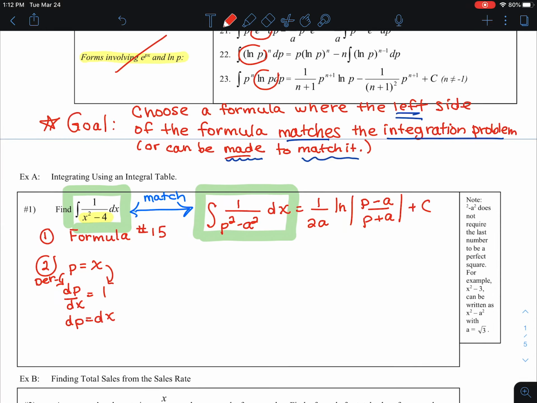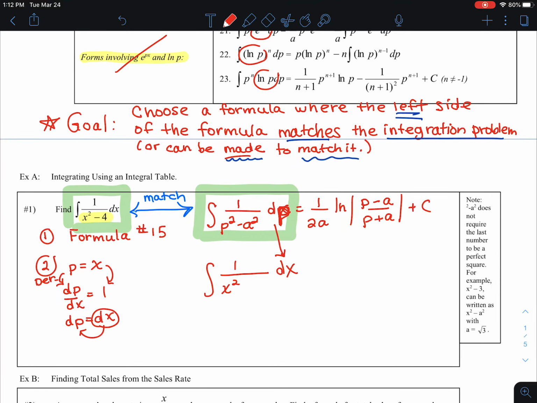So when I make this substitution, in place of the p I'm going to put an x, and I wrote that wrong, this should be a dp right here. In place of the dp, I'm going to put a dx.